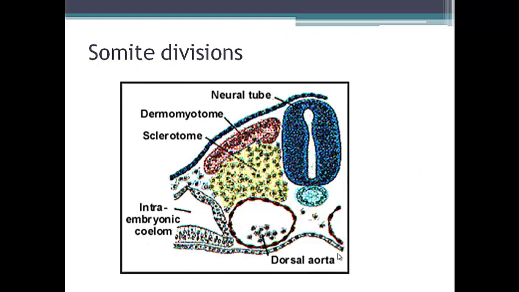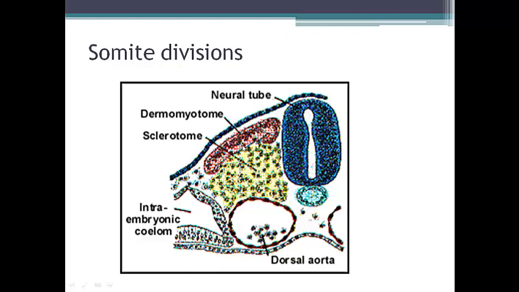Okay, so this is what the somite division looks like. You've got the neural tube here, and the notochord down here. Notice the group of cells, the ones in yellow, that are closer to the notochord. This is the sclerotome, which is going to give me the bone and cartilage of the segment.